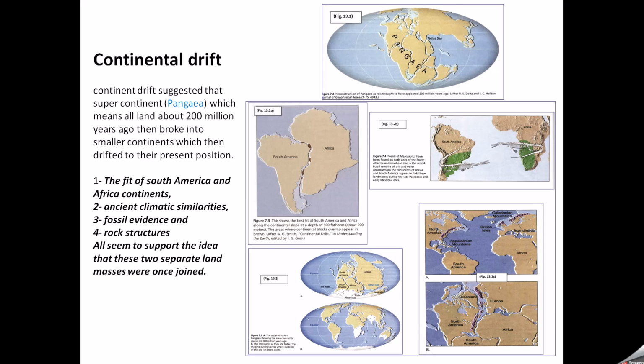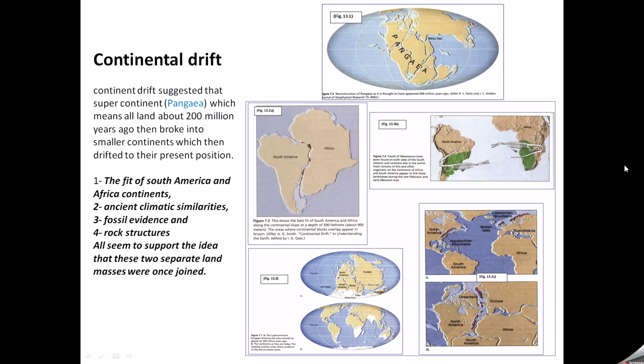So continental drift suggested that the supercontinent Pangaea, which means all land, about 100 million years ago broke into smaller continents, which then drifted to their present positions.